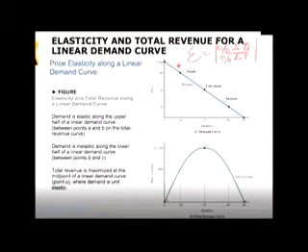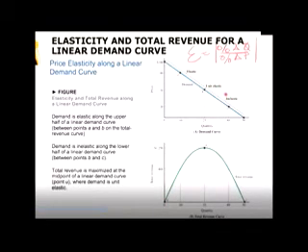So anywhere on this part of the demand curve, total revenue is going to rise because the price is going to change a little bit and it's going to increase quantity a lot. Right? So if you dropped your price a small percentage change, the percentage change in quantity is going to increase more. So total revenue is going to rise.